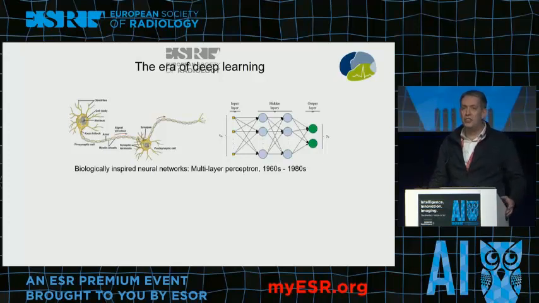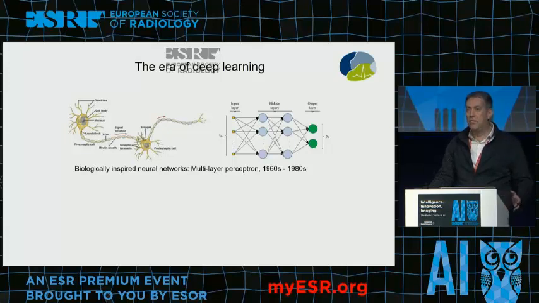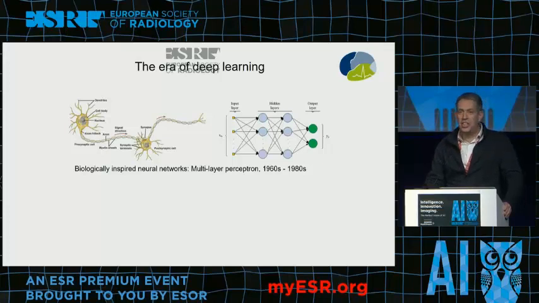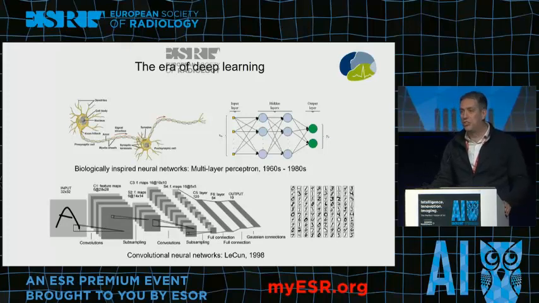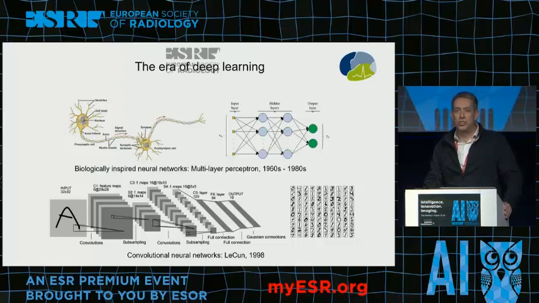The idea really is inspired by biology, to take neural networks as we might have them in the brain and mathematically formulate these neural networks. Perhaps the real breakthrough was published at the turn of the millennium by Jan LeCun, with these convolutional neural networks you have heard about already.